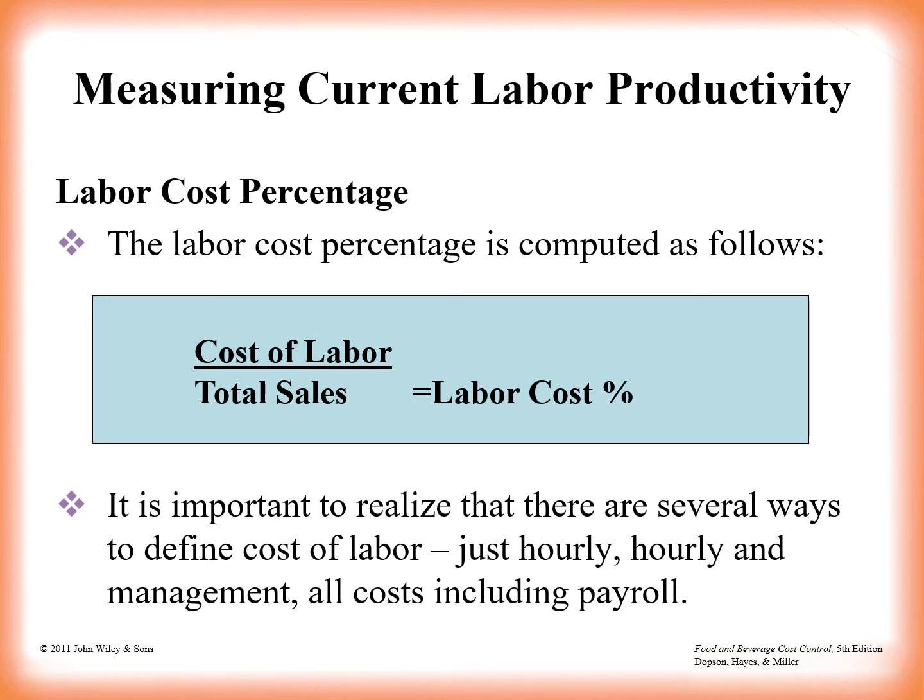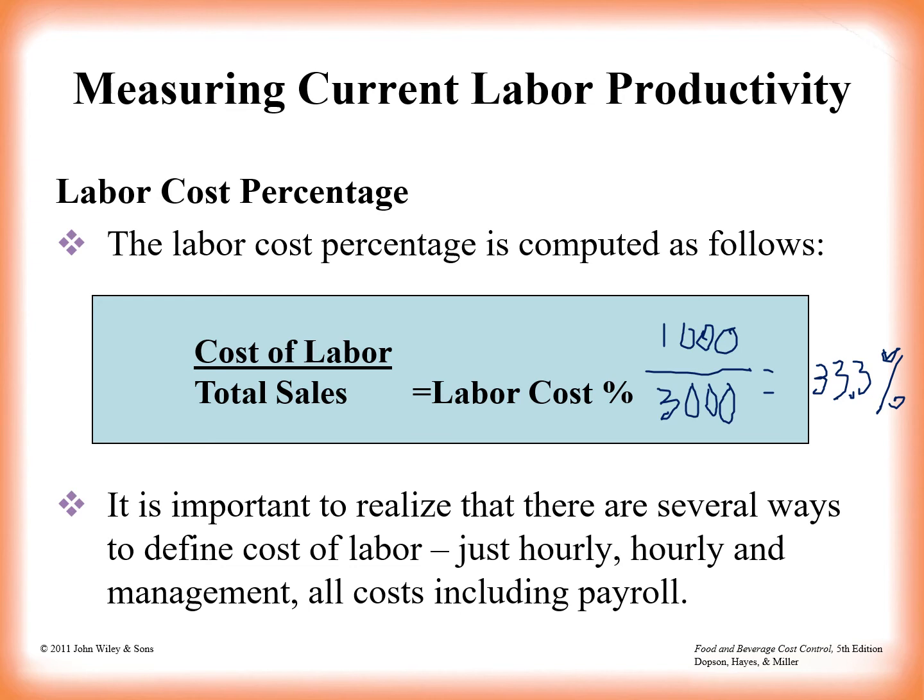So let's say I spent $1,000, and I generated $3,000 worth of sales. So there I get a labor cost of 33.3, which just kind of goes on forever, percent.